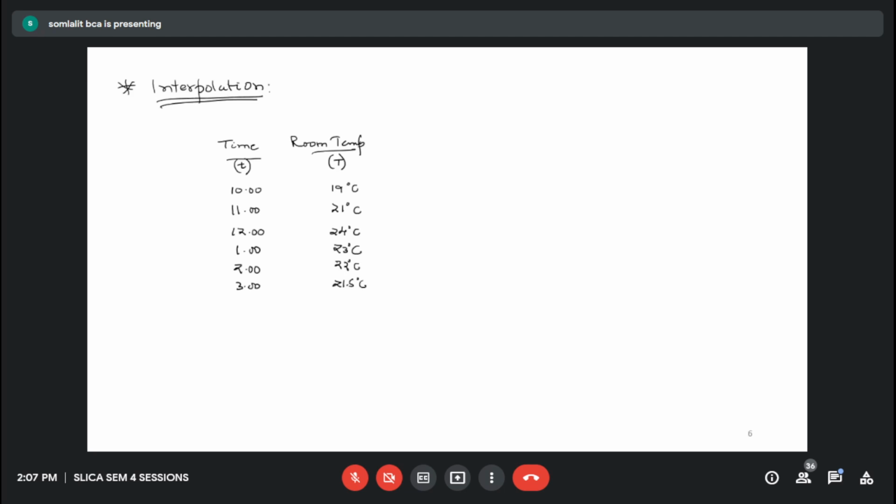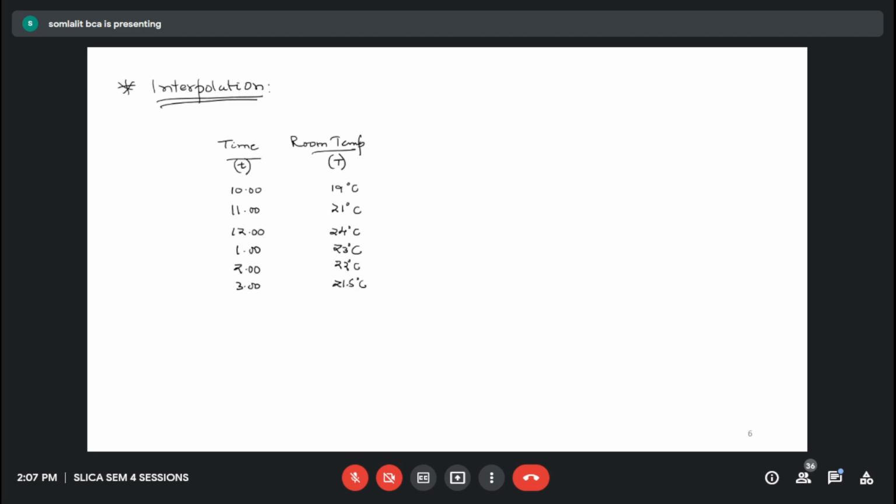Now, with the help of interpolation, if you are given the set of values, you can answer questions like this. What will be the approximate room temperature around 10 o'clock and 10 minutes?